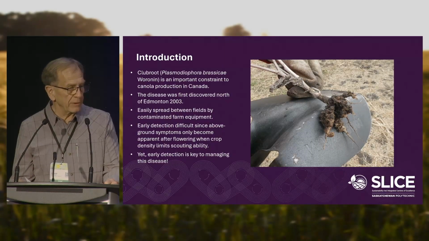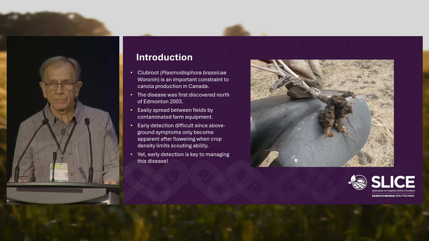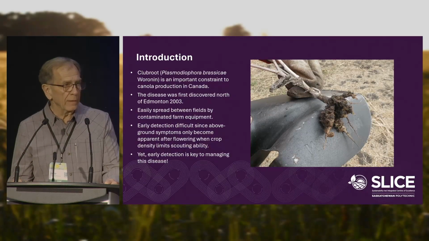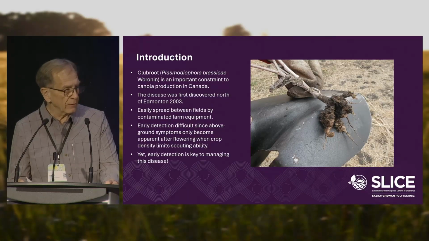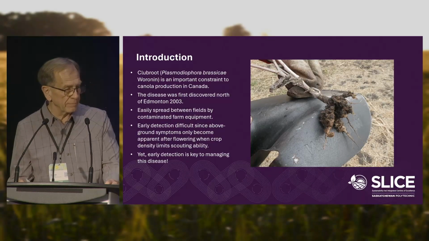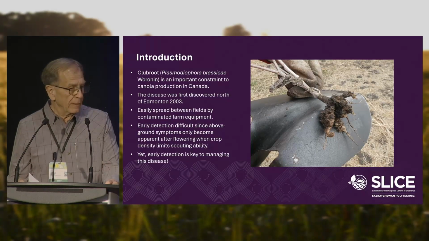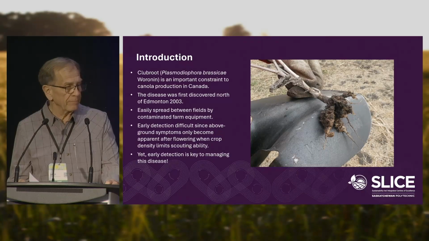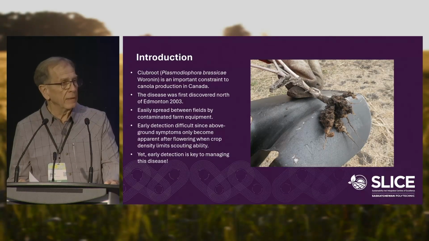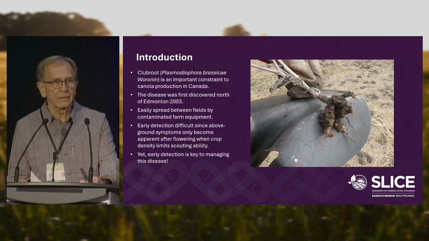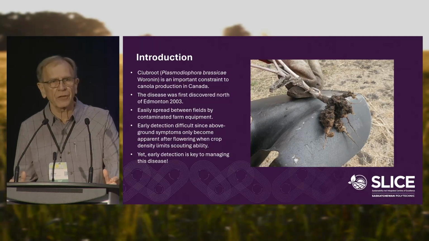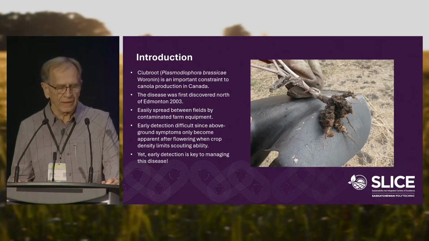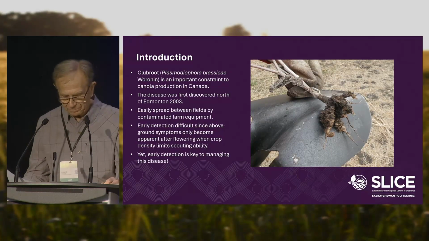It's easily spread between fields by contaminated farm equipment, as well as natural sources, wind, and so on. And early detection is difficult since above-ground clubroot tends to only become apparent after flowering when the crop density prevents navigability. It's difficult to get through the field at flowering, put it that way.